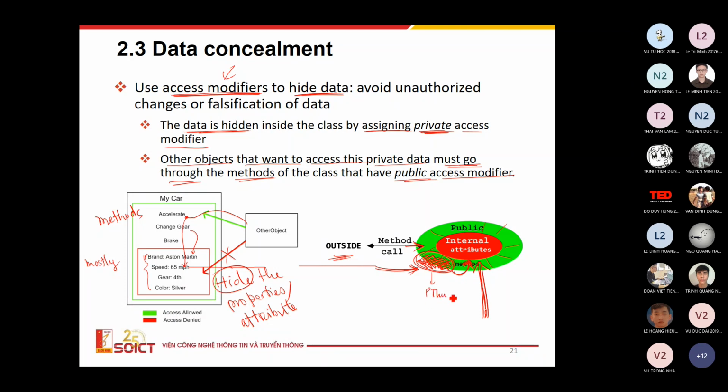Nhằm để kiểm soát việc thay đổi về dữ liệu. Thế còn những attribute nào mình không muốn bên ngoài nhìn thấy, không muốn bên ngoài làm việc thì mình không cung cấp public method. Thông qua các access modifier chúng ta có thể kiểm soát được tính che giấu của dữ liệu.